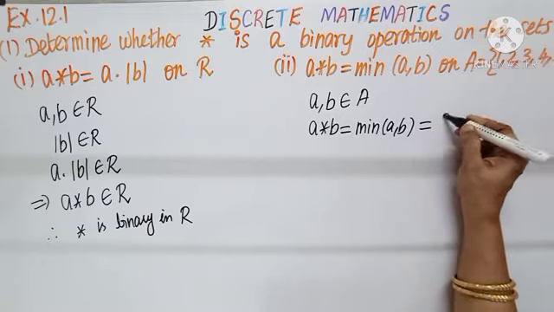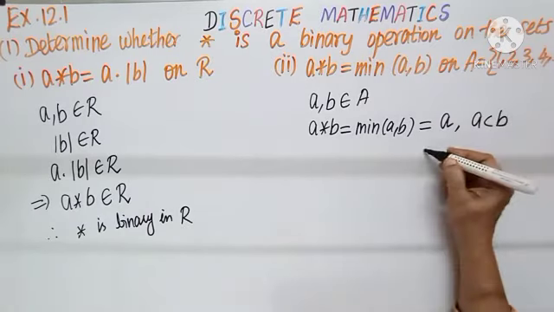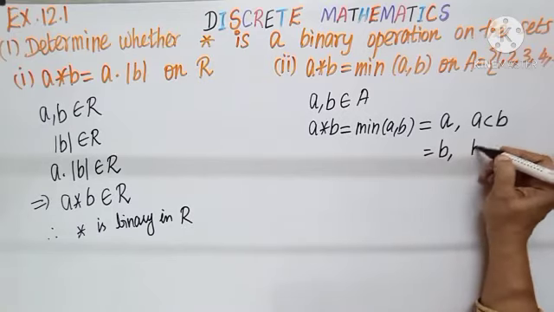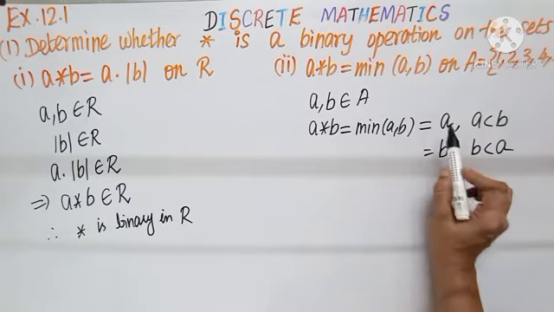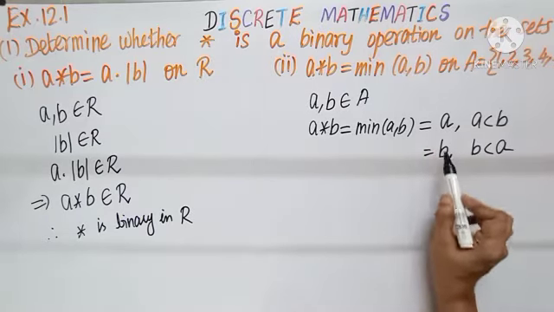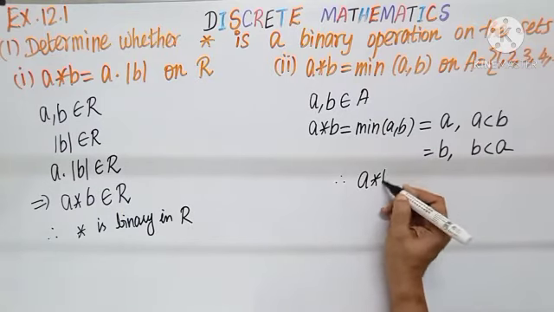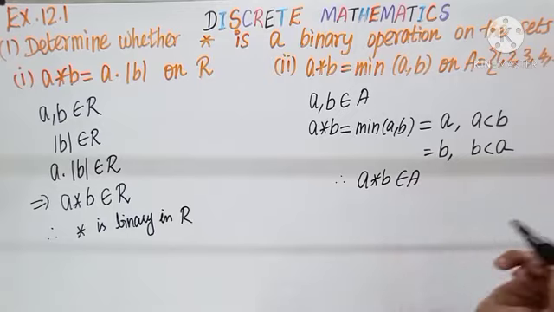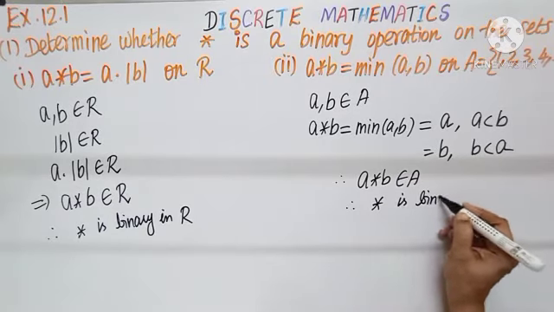My answer is A if A is less than B. My answer is B if B is less than A. In both the cases, my answer is either A or B. So A, B is already in A. Therefore, A star B belongs to A. And hence, star is binary in A.